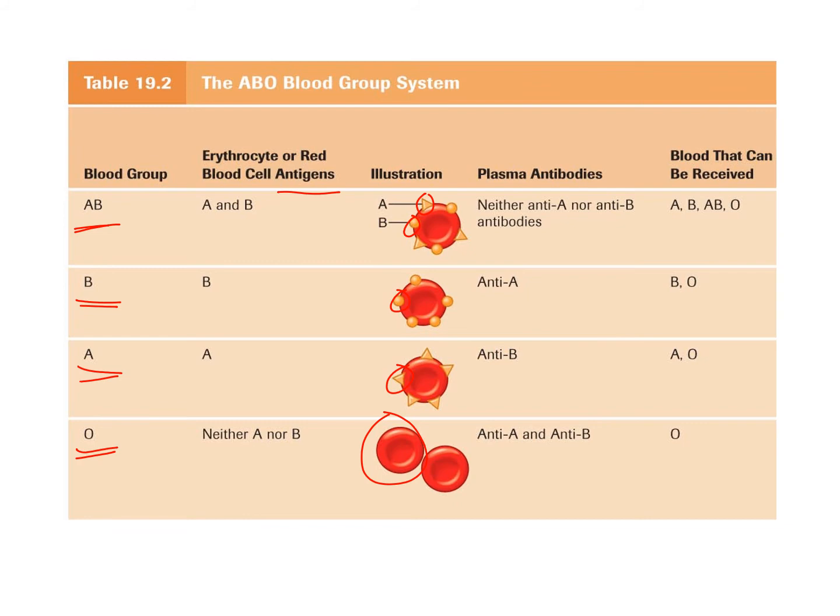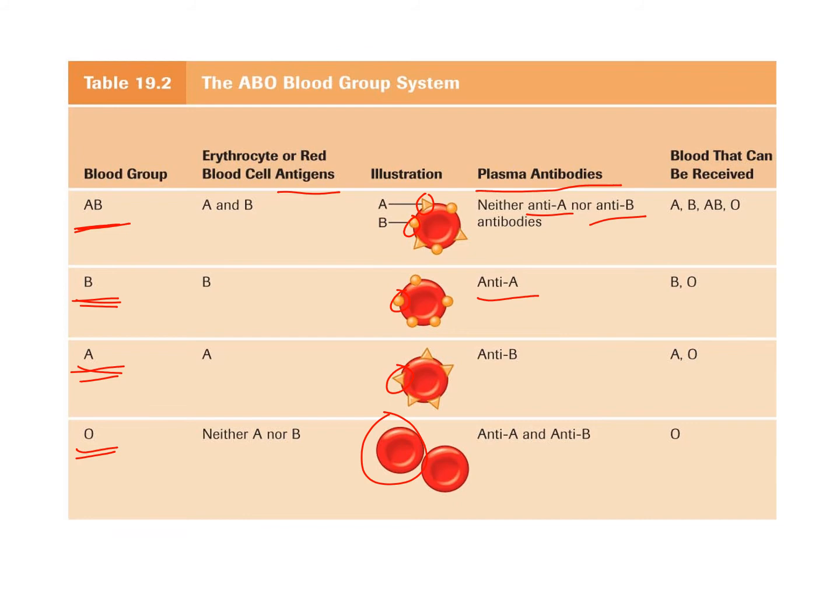That you have probably learned before, but something that might be new to you is that depending on your blood type, you automatically have certain types of antibodies in your plasma. If you are type AB, then you have neither anti-A or anti-B antibodies. If you are type B, you will automatically have antibodies that recognize A antigen.